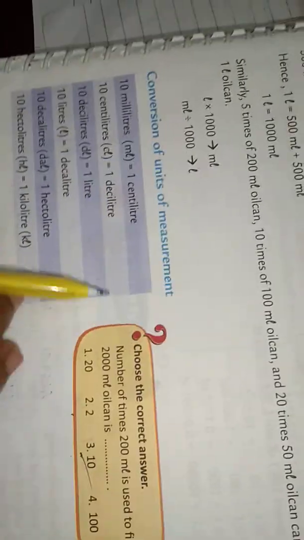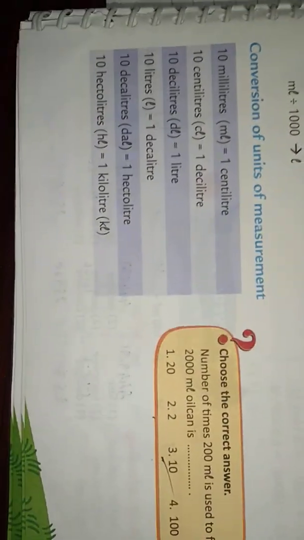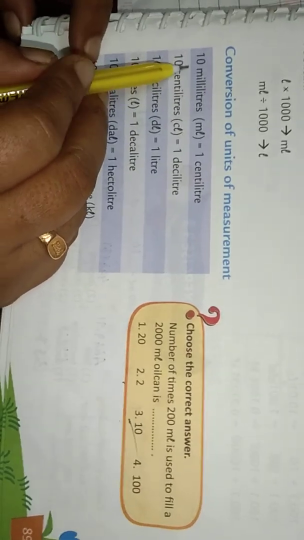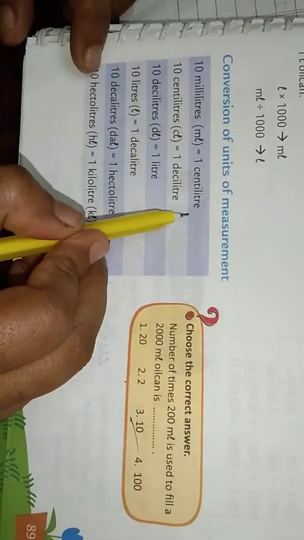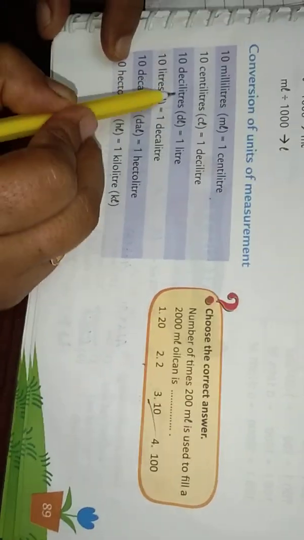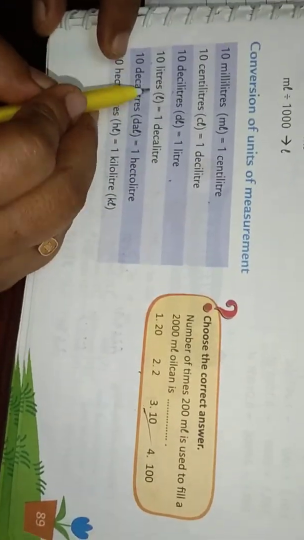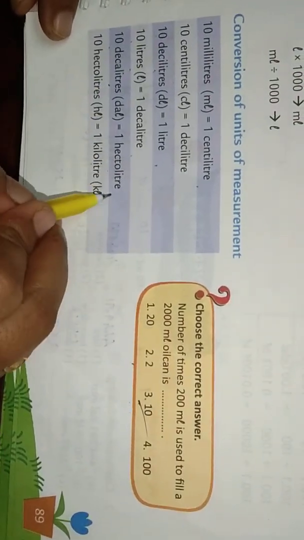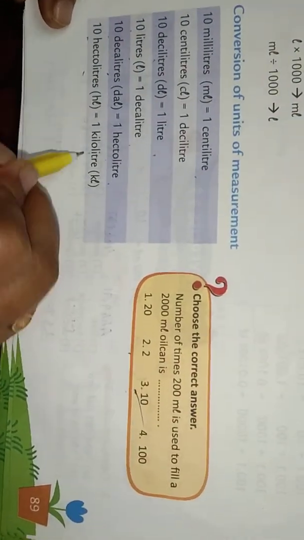Okay, here the measuring conversion is also there. Look here for the capacity. 10 milliliter equals 1 centiliter, 10 centiliter equals 1 deciliter, 10 deciliter equals 1 liter, 10 liter equals 1 decaliter, 10 decaliter equals 1 hectoliter, 10 hectoliter equals 1 kiloliter.